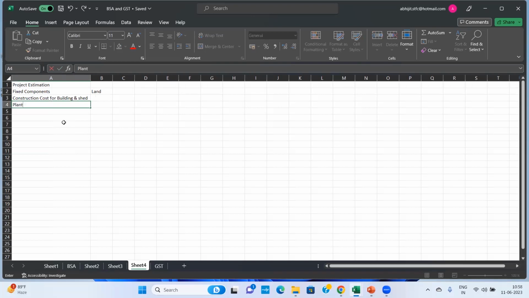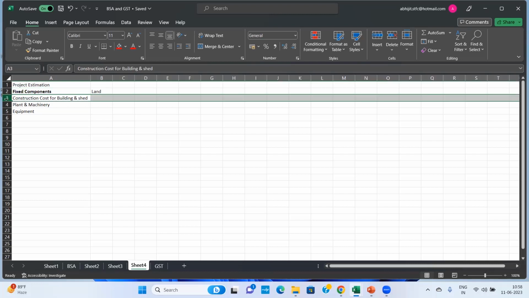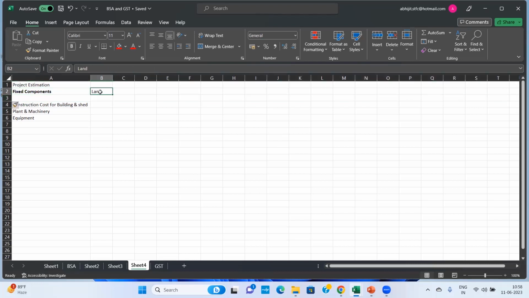Next is plant and machinery. Next is equipment. I'm coming to that. Raw materials don't come in the fixed cost. So I'm talking about fixed components. Okay, so these are some of the fixed components.